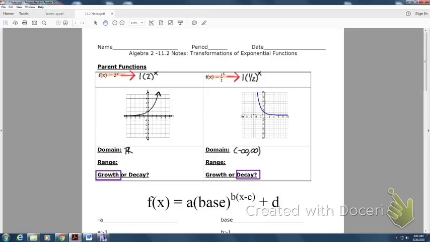So you're right, to positive infinity. But from where to positive infinity? Zero. And that would be the same for your decay.